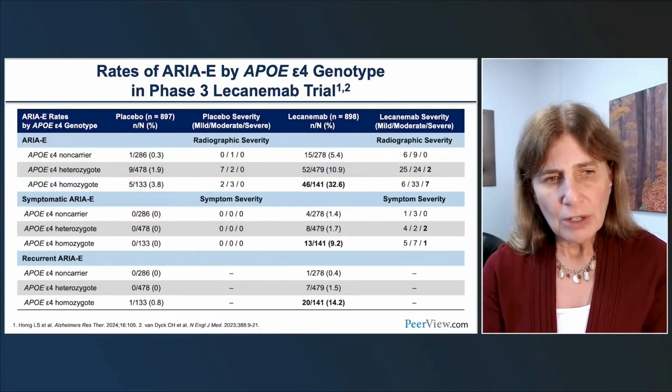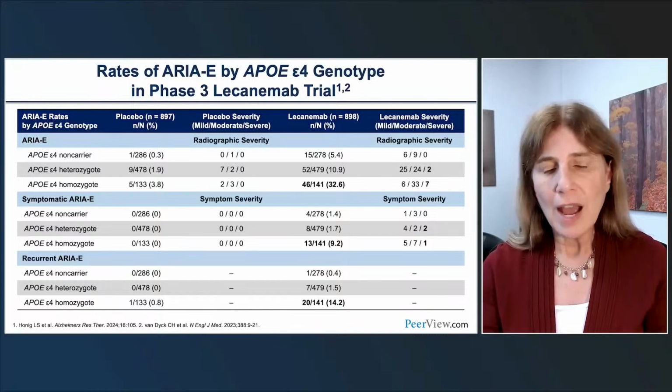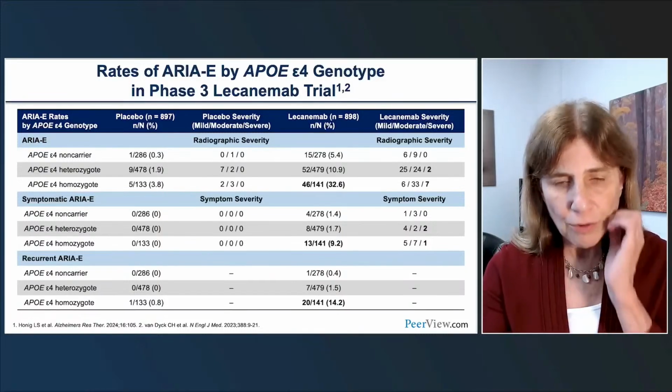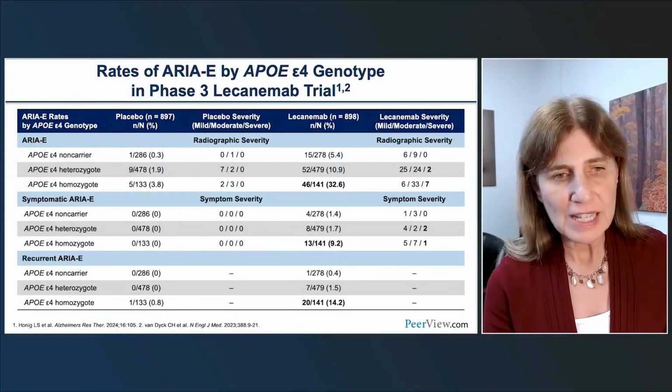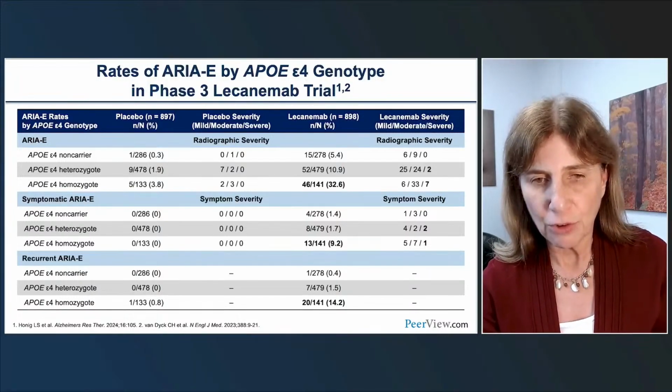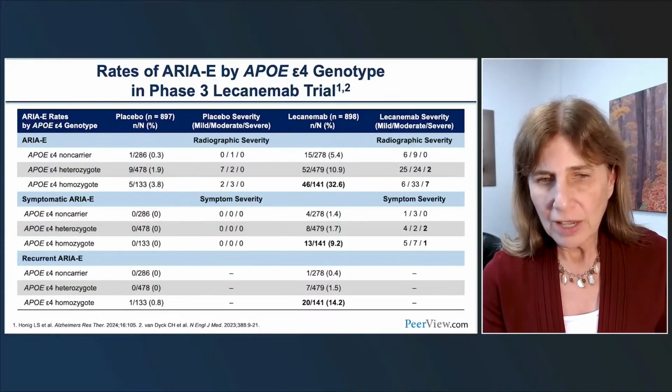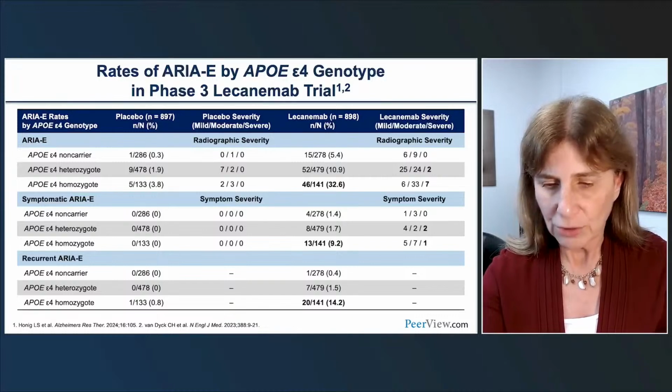And finally, if we look at recurrent ARIA, ARIA often happens just once in any given patient and doesn't tend to recur. However, there is a greater risk of recurrence in the ApoE4 homozygotes. About 14% will have recurrence compared with 0.4% in the non-carriers and 1.5% in the heterozygotes.